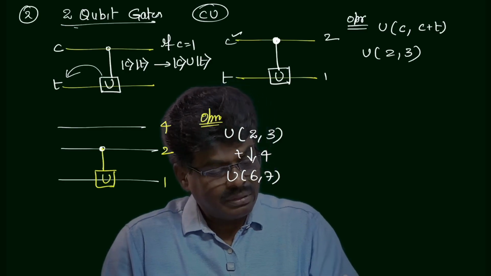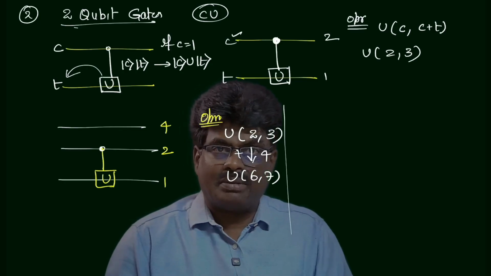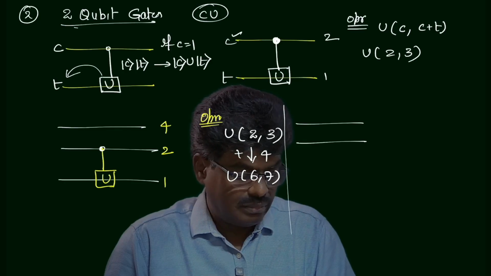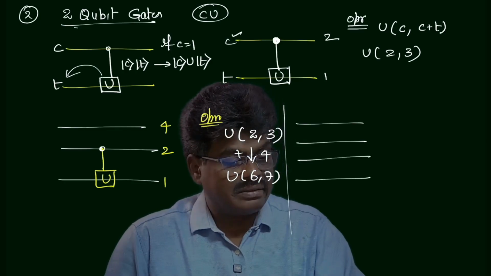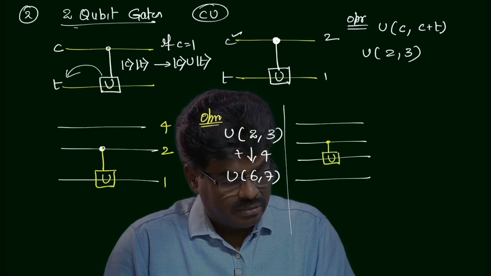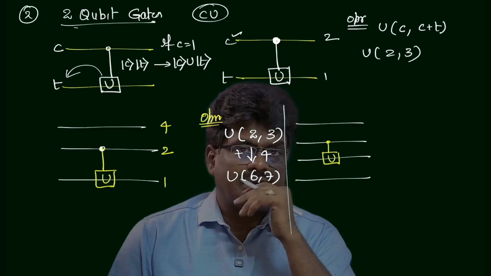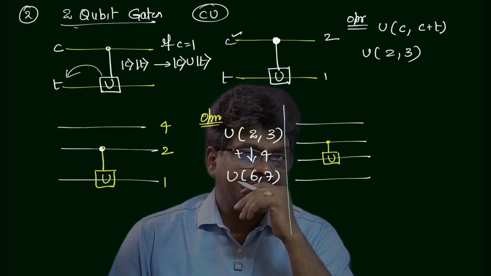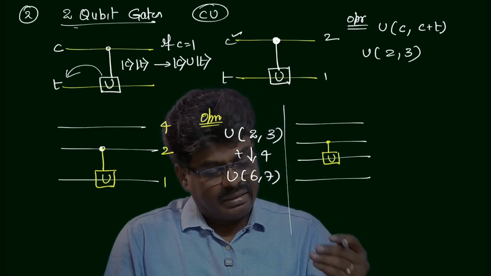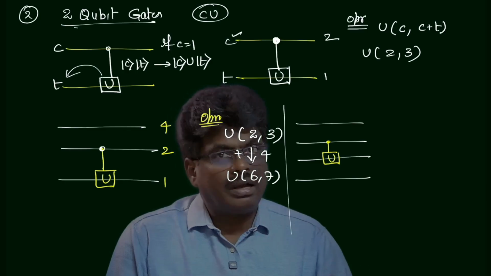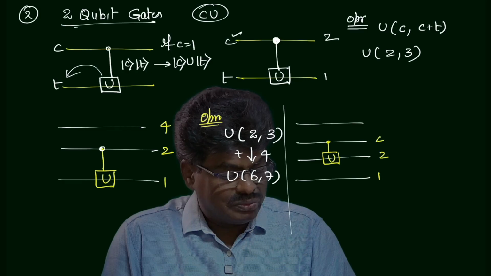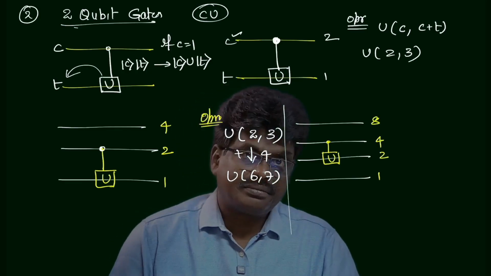For this you have to add the remaining one, 4, that is U of 6 comma 7. Now one last example I will explain. If you have 4 qubit states and somewhere here I have this control U operation, then how to do this? Generally it is a tensor product of I, tensor CU, tensor I. So here we have 1 2 4 8.